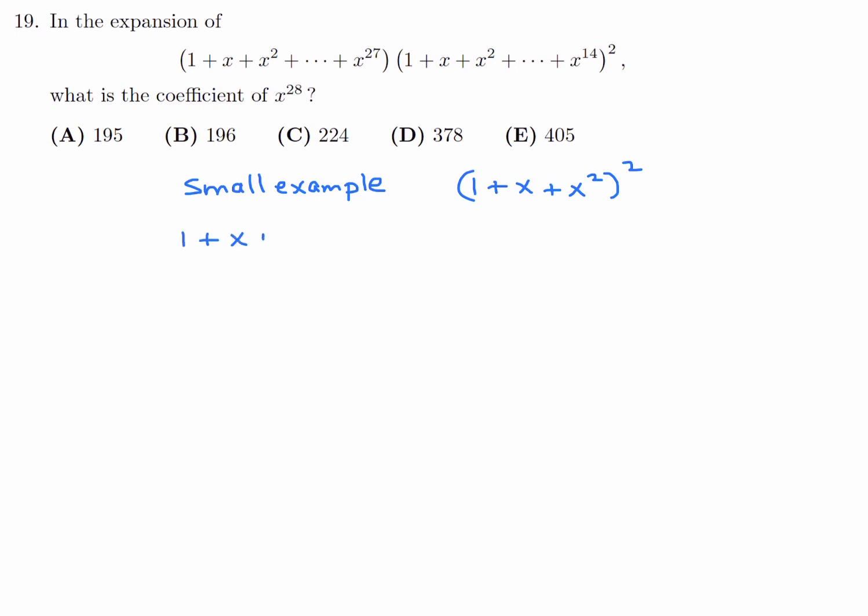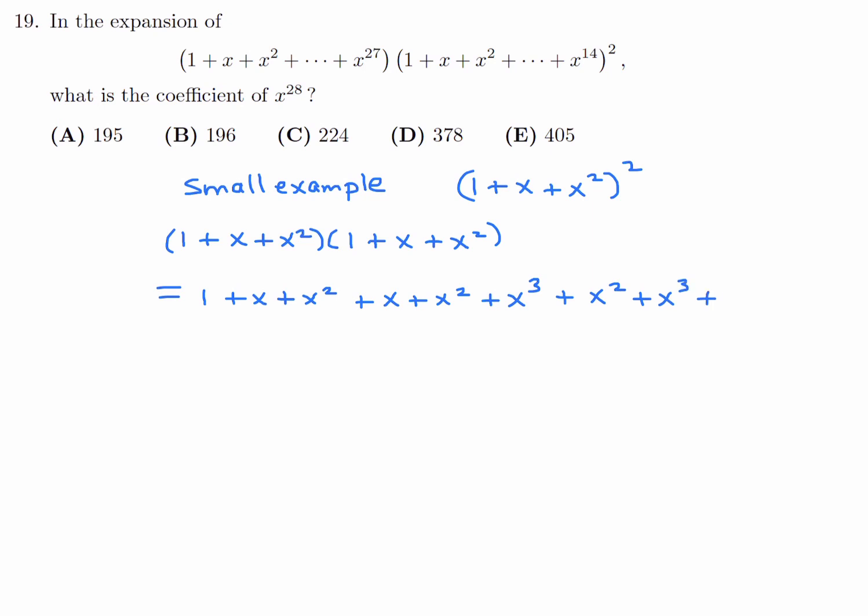If I expand it using our standard procedure, I get the following: 1 plus x squared plus x squared plus x to the power of 3 plus x to the power 2, x to the power 3 plus x to the power 4.